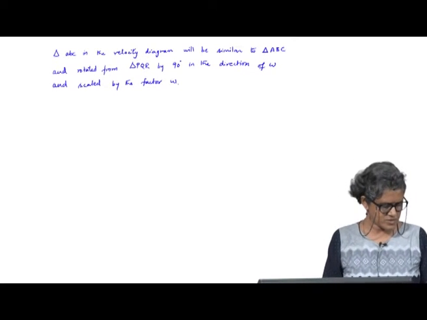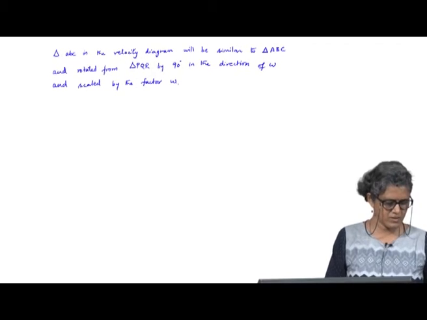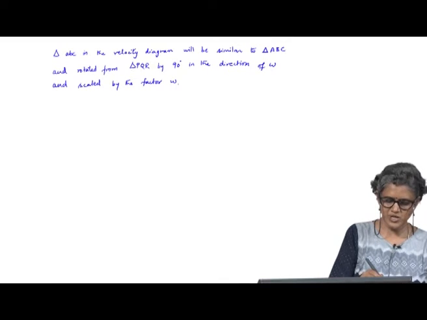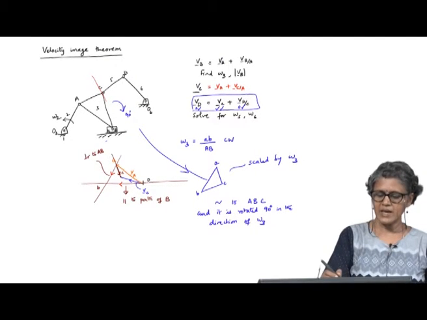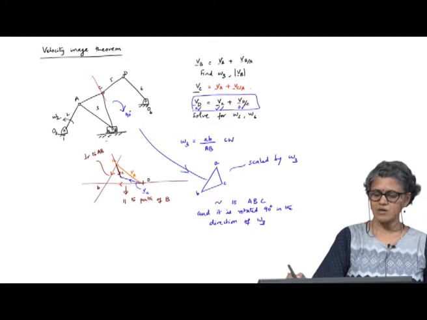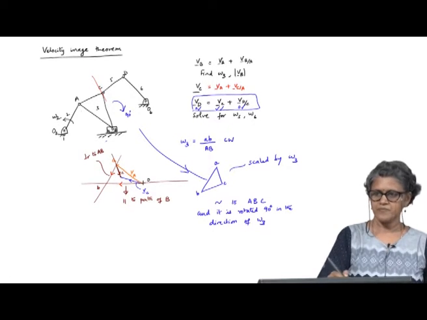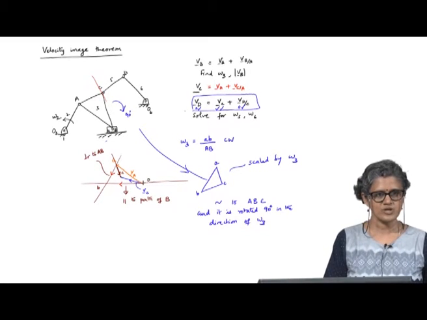Okay. So, this is the, so once you solve the first one here, you can directly then solve the second equation without actually, you can construct the image of ABC on the velocity diagram and then use that to solve for the next two velocities.